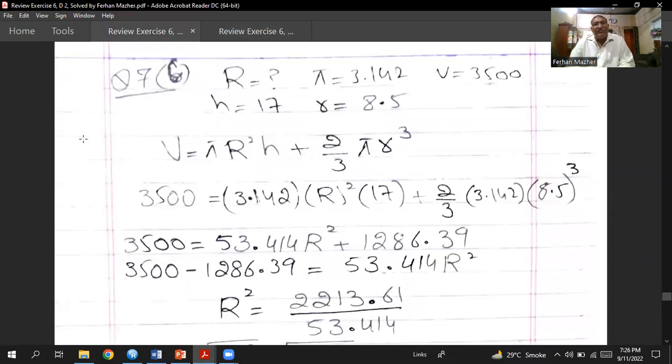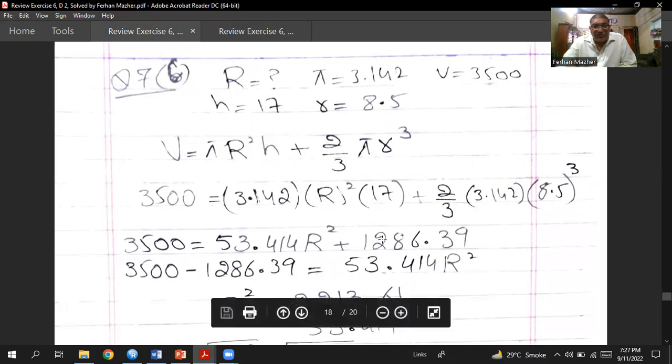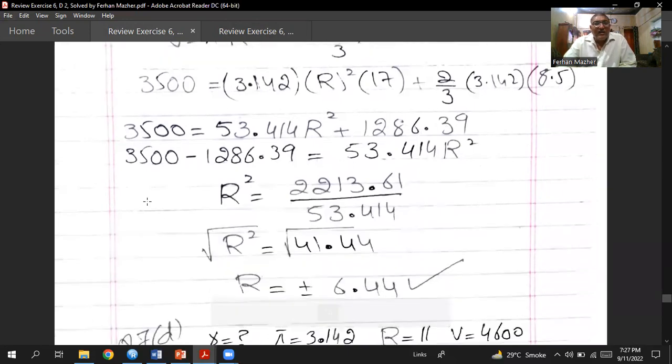So 3500 equals to, when you multiply 17 with 3.142, it is 53.414 R square plus 2 divide 3 multiply 3.142 into 8.5 raised to power 3, that is 1286.39. So take this 1286.39 to the other side, it will subtract there. So you will have 3500 minus 1286.39, and that will be 2213.61.